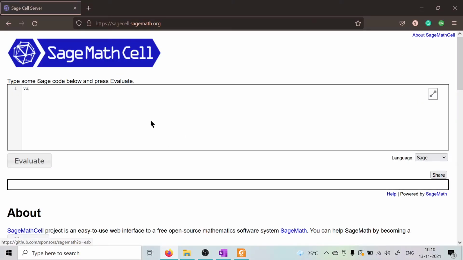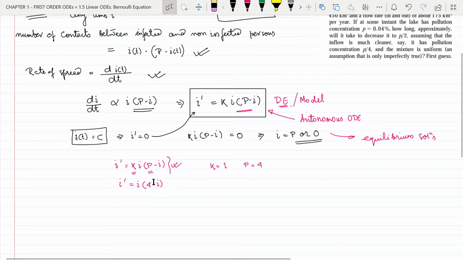So we will write var x, y, plot_slope_field. Then we'll write the function, the right hand side of this differential equation.